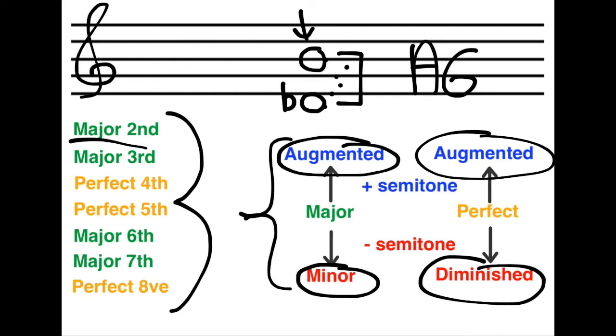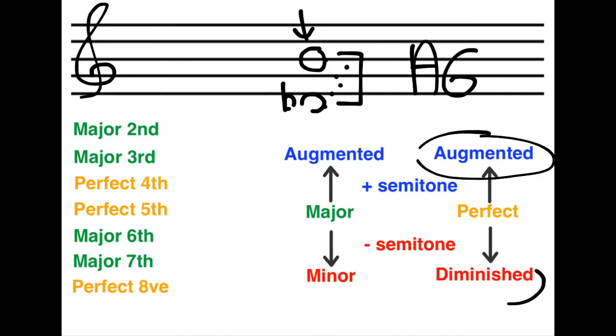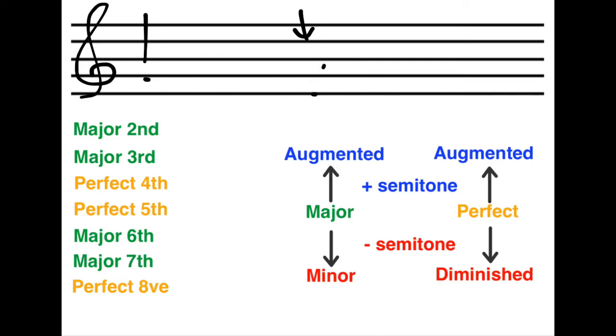Okay, so there's a couple more things I want to show you as regards intervals. So it may get a little bit more complex from here on out. There's two more things I want to show you. What happens if you have a key signature? So far we've just been doing intervals, but we have had no key signature to affect any of these notes.